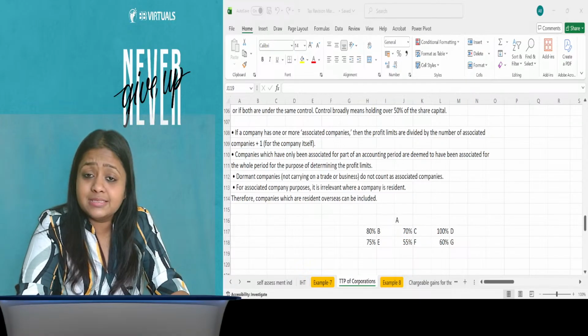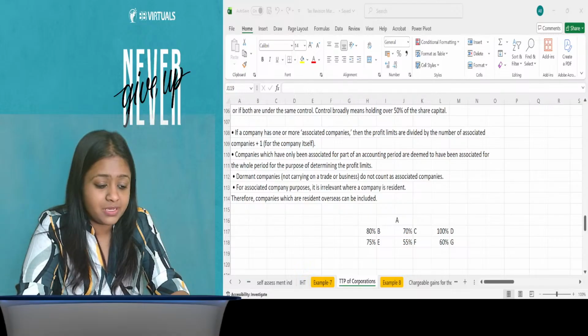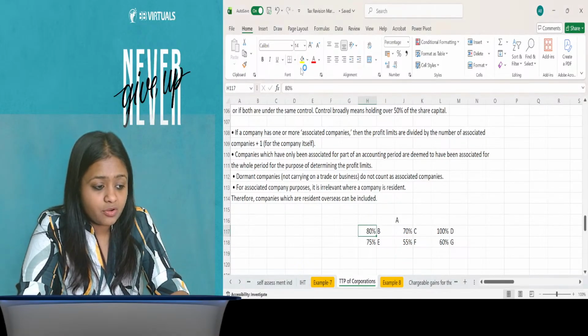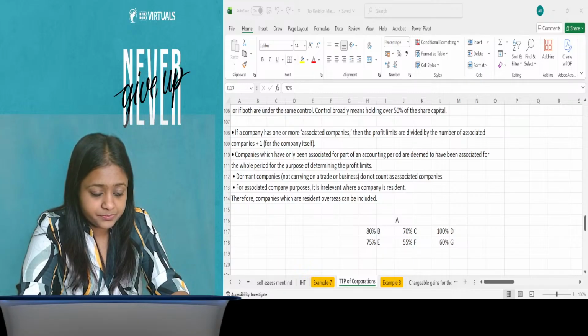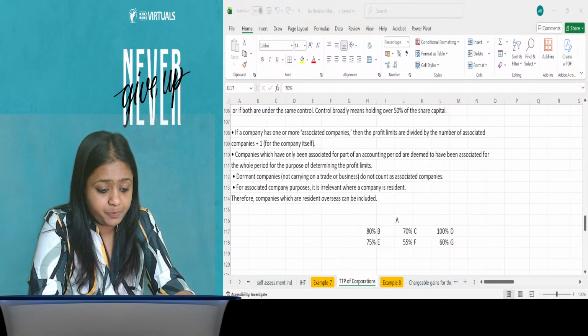Now company A's investment into B is 80%. So B is a part of the group because we need minimum investment to be 50%, which is holding true here. Now next we will look for C. When I look for C, my investment is 70%. When I look for D, the investment is 100%.